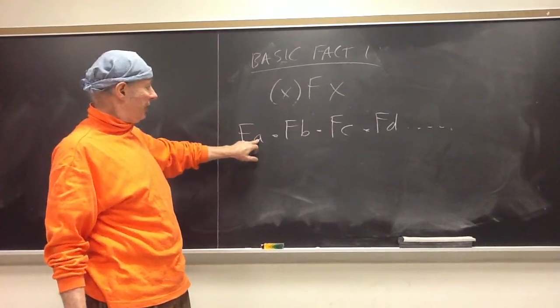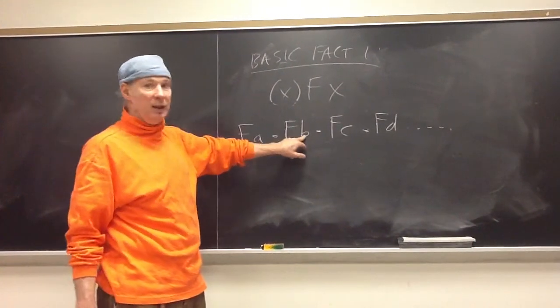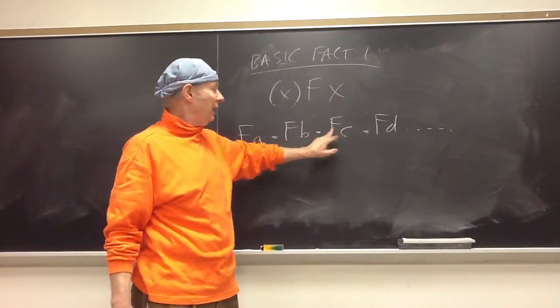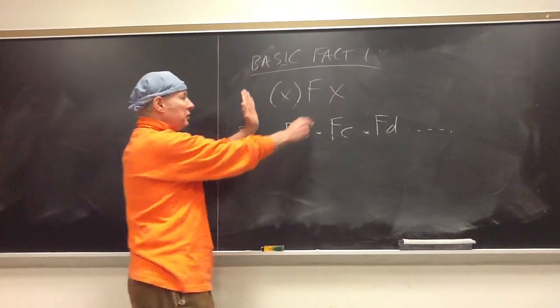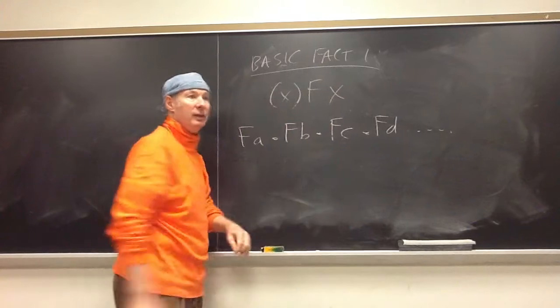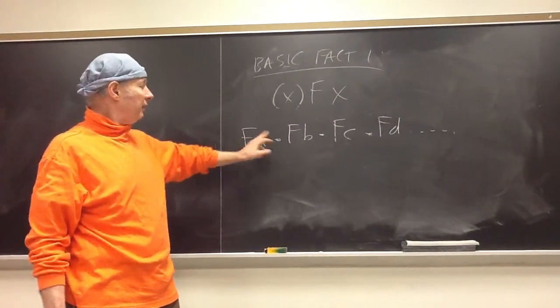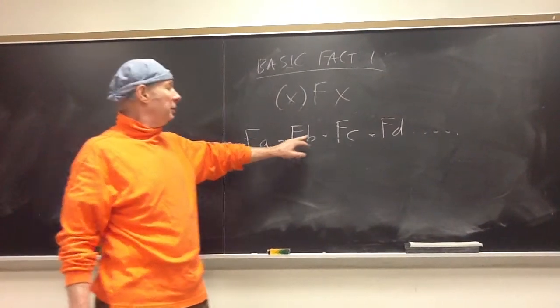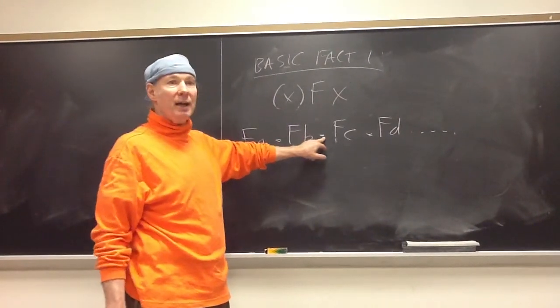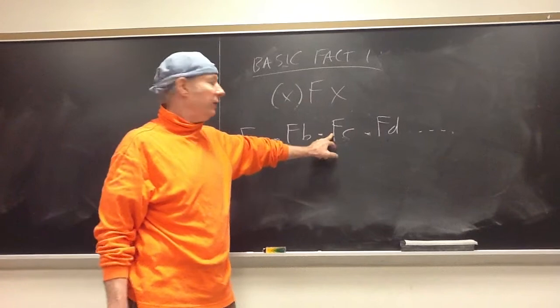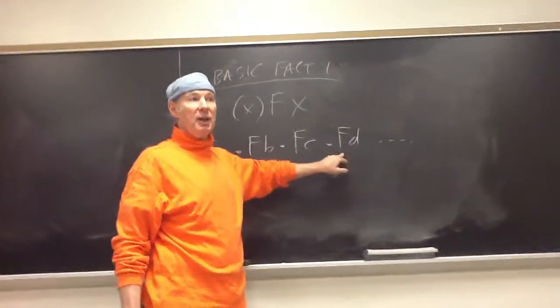So this says A has F, B has F, C has F. Notice when you say everything has F, that's equivalent to saying A has F and B has F and C has F and D has F, and so on.